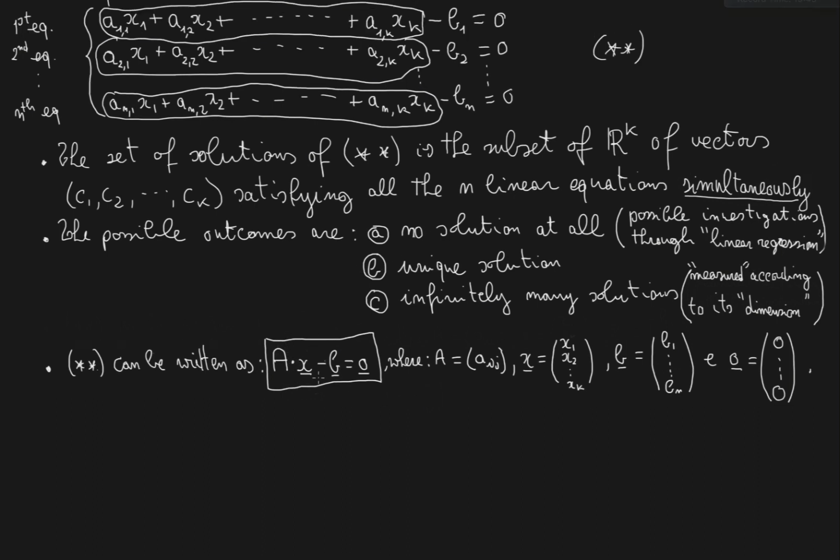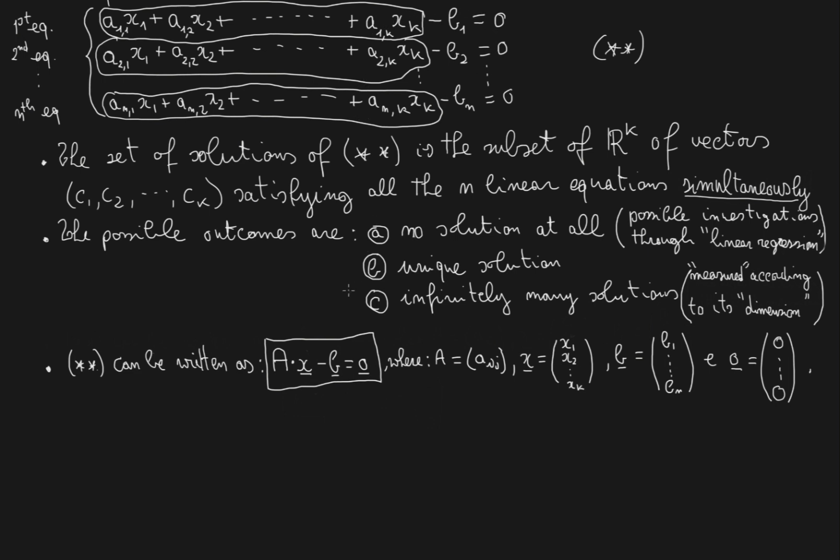The first coefficient of this column vector is going to be exactly what I circled here. The second coefficient of this column vector is going to be what I circled here in the second equation, and so on. And then we subtract the column vector of the entries of B that are these real numbers here. So it's obvious to see that this equality between these two column vectors is just a rewriting of this system of linear equations.